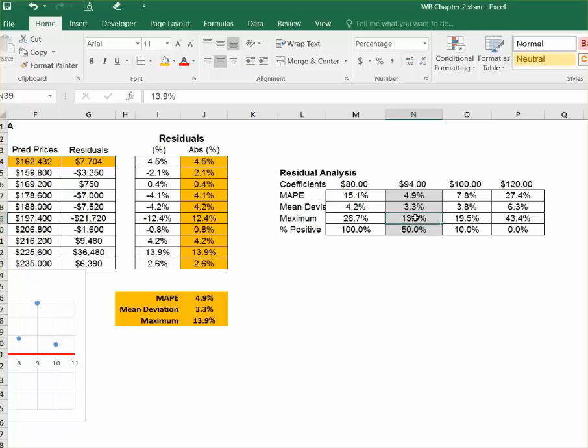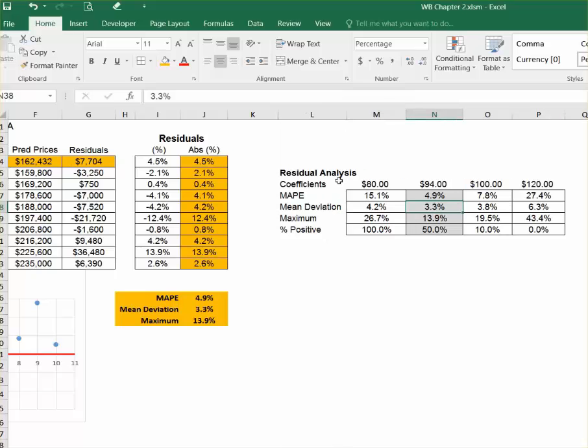We looked at the maximum. We looked at the mean deviation, and it looks like I didn't leave the mean deviation where you could see it. And we also looked at the MAPE, and we also looked at the mean. So when we did this residual analysis, how many different things did we look at? How many ways did we do our analysis?